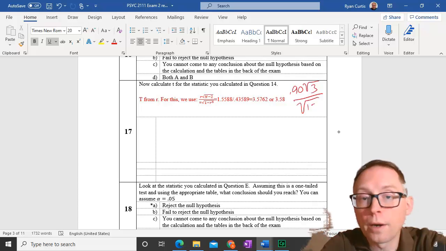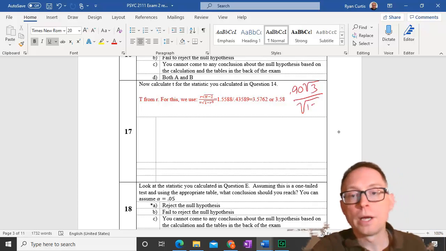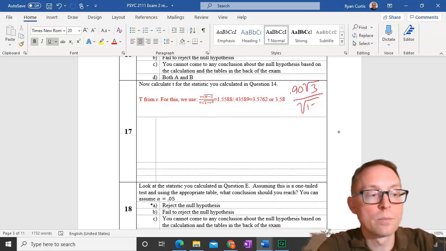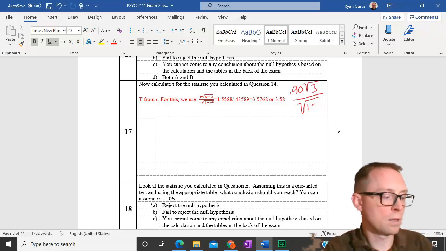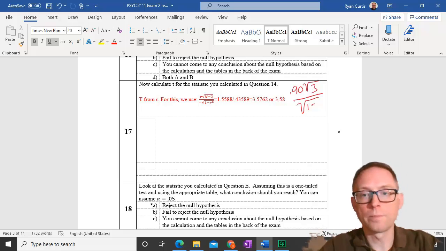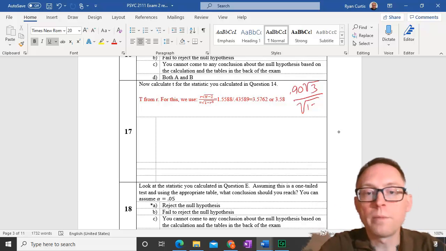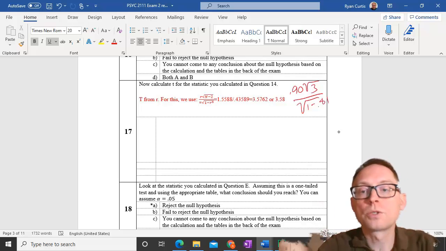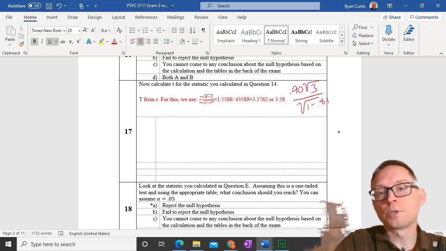Okay? 0.90 times 0.90 is 0.81. Let me just make sure that I'm doing my math right. Yep, 0.81, of course. So 1 minus 0.81 gives us the square root of 0.19.